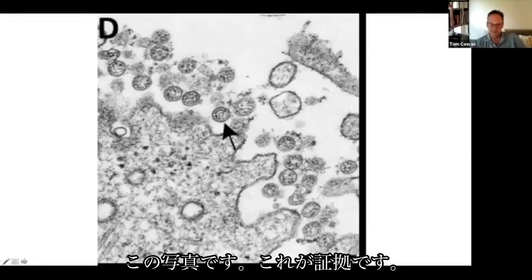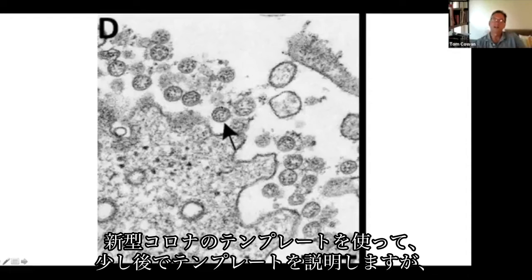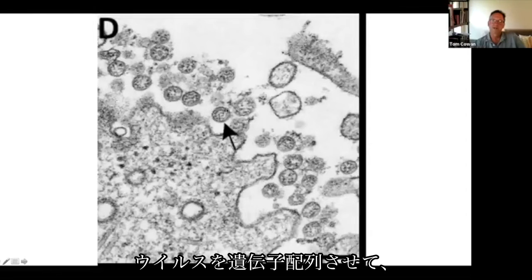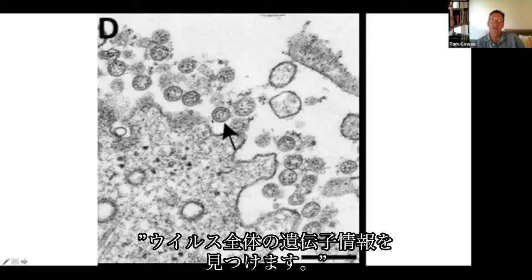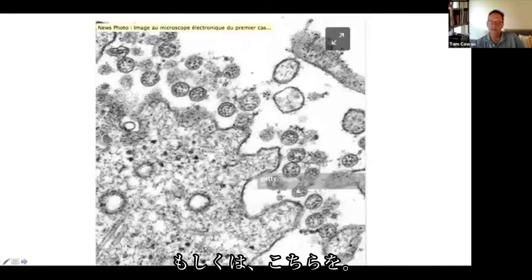This is the proof. When you see this picture in the results of your viroculture, then you can use the template, and I'll explain that a little bit later, for SARS-CoV-2 to sequence the virus and to, quote, find the whole genome. First, you have to see this, or maybe this.